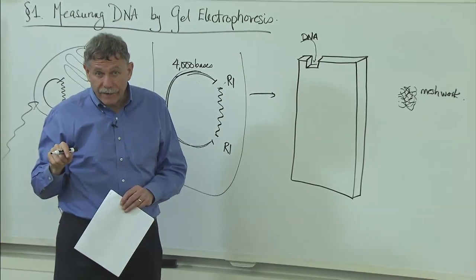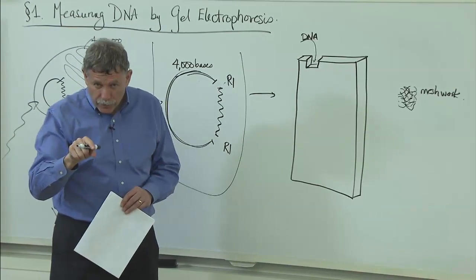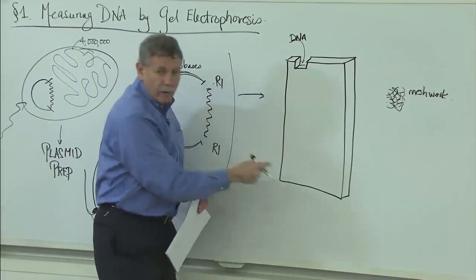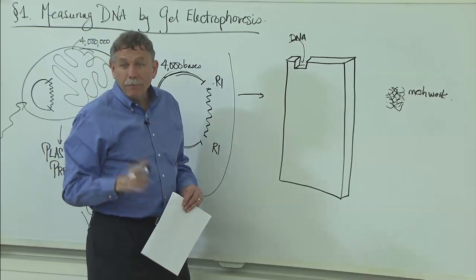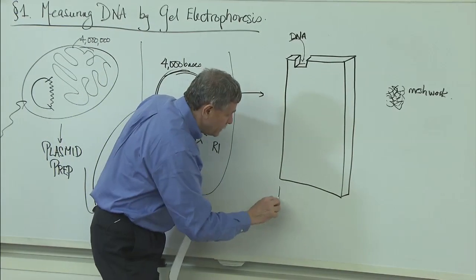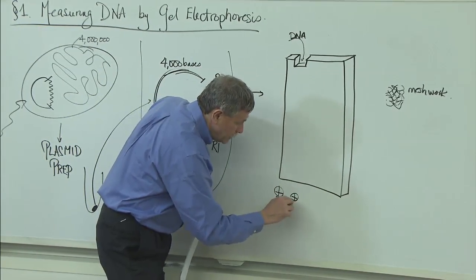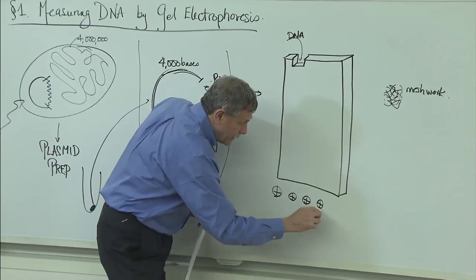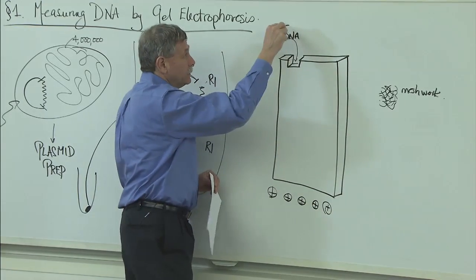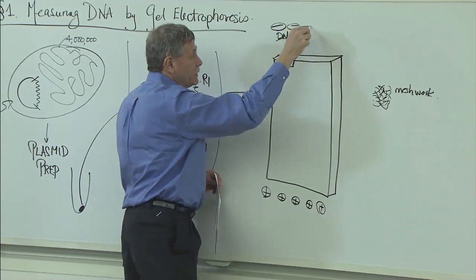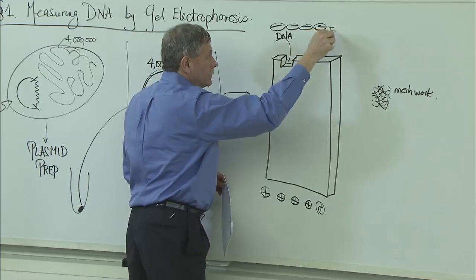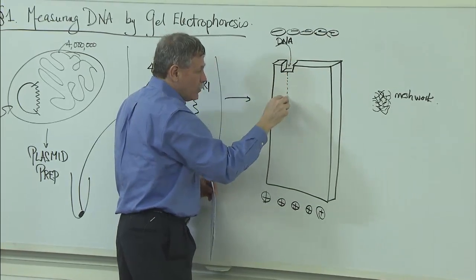What charge does DNA have? Negative charge. So which pole would I like to have over here? Positive charge. If I put my positive charge over here and a negative charge over here, then what will happen to the DNA? It will begin to migrate down.